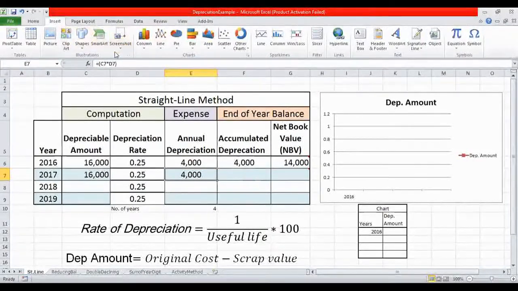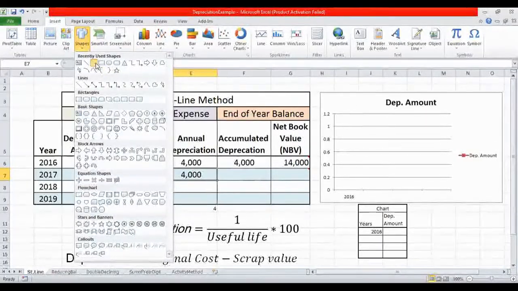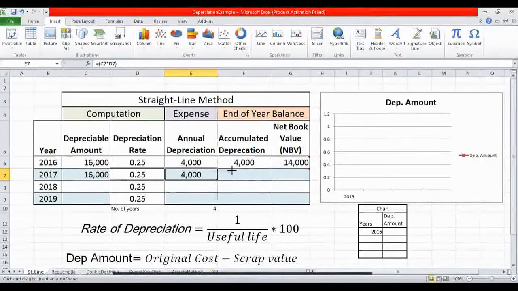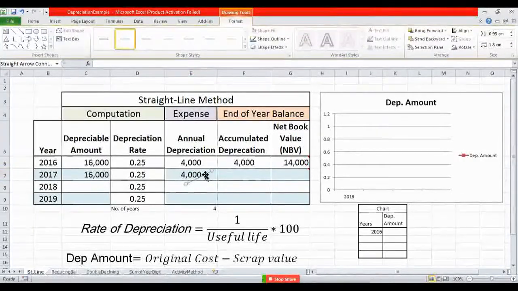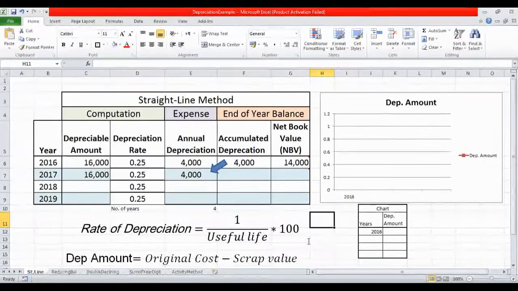So if we make a small arrow over here, it will be very helpful for us. The arrow is something like this. We are going to add these two, this 4,000 for the last year's depreciation and the depreciation this year.